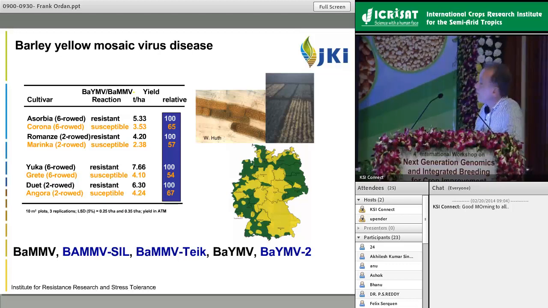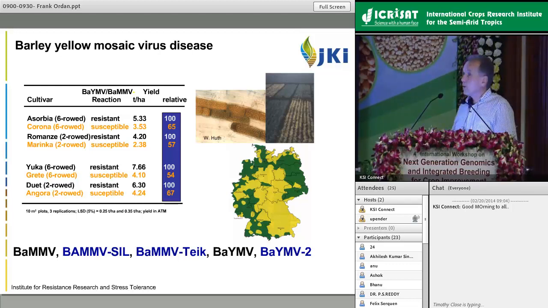And since that time, it has become one of the most important diseases of winter barley, due to a constant spread of the area infested, due to the appearance of new resistance-breaking virus strains, and especially due to yield losses, which can be up to 40 to 50%, and which cannot be prevented by spraying chemicals, because these viruses are transmitted by the soil-borne plasmodiophorid Polymyxa graminis.